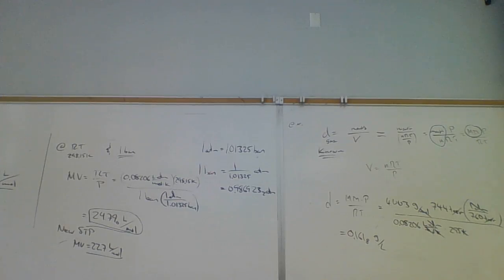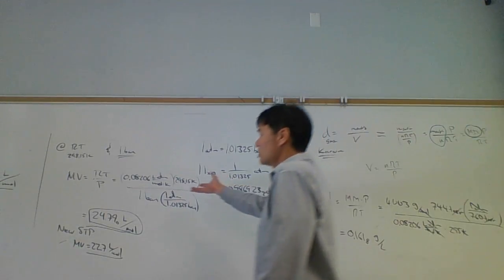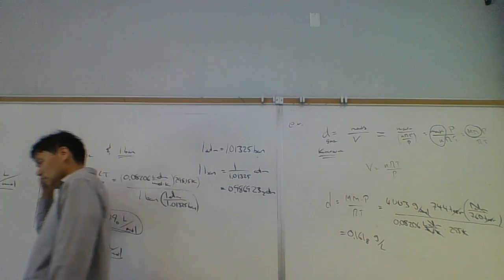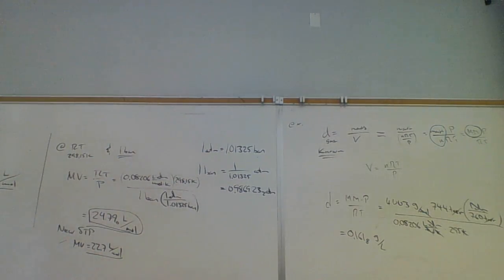And the reason is how many laboratories are set up for standard temperature and pressure? Not very many. In fact, I don't know of any. Never worked at one. A lab where the room is set up at 0 degrees C. It's terrible. I would hate to work in that lab. But a lab that's set up at room temperature, most. And if you're dealing with bars or atmospheres, well, they're so close.